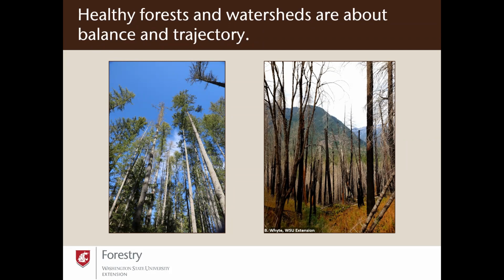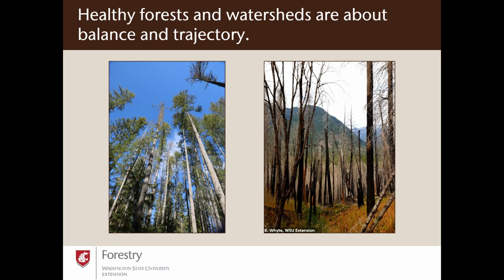And also trajectory. When I think about trajectory, you think about a rocket and where it's headed. I think of trajectory in terms of forest development. Given the site and the current conditions, how is that stand likely to continue to develop? Is it going to develop into something overcrowded, stagnant, unhealthy?